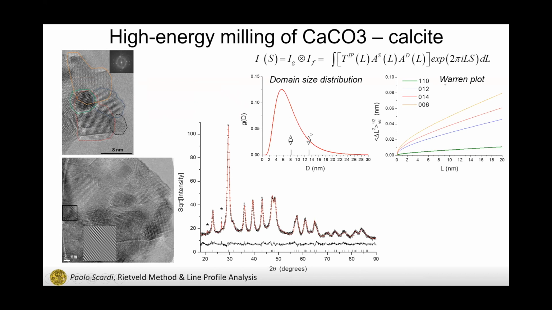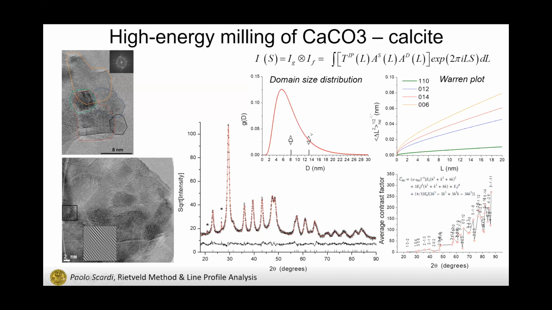It's nice to see the Warren plot again for the different directions, so quite a strong anisotropy, as it should be for calcite. And here you can see the quite articulated trend in the contrast factor. You can see also the analytical expression in this case, which represents the anisotropy effect of the strain and then on the broadening of the line profile.